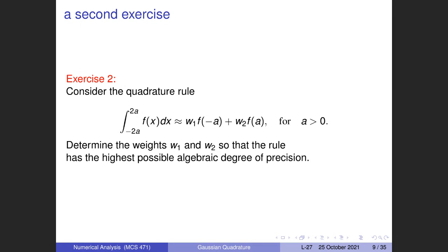The point of this lecture will be that you can do much better if you can choose your interpolation points better. So this is coming back to interpolation. How can you get the smallest error possible if you can determine the interpolation points?